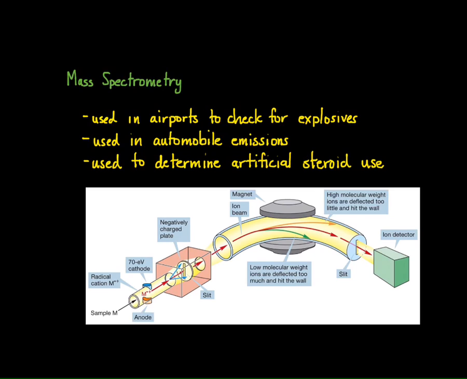So we can analyze through a detector and separate ions based on their mass to charge ratio. Not necessarily their mass, but their mass to charge ratio, because if a molecule ionizes into a +2 charge, then it's going to have a greater effect on the magnet. That's something to think about later on down the road.